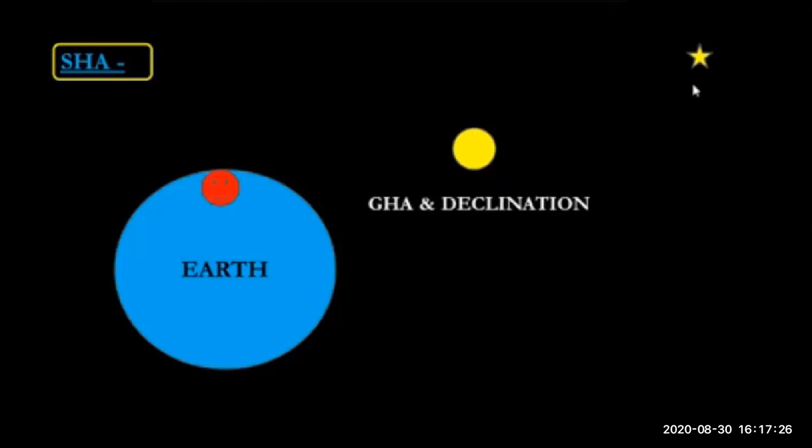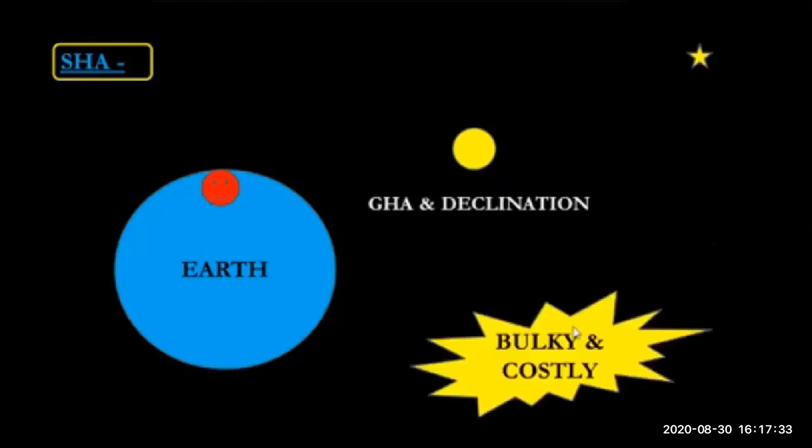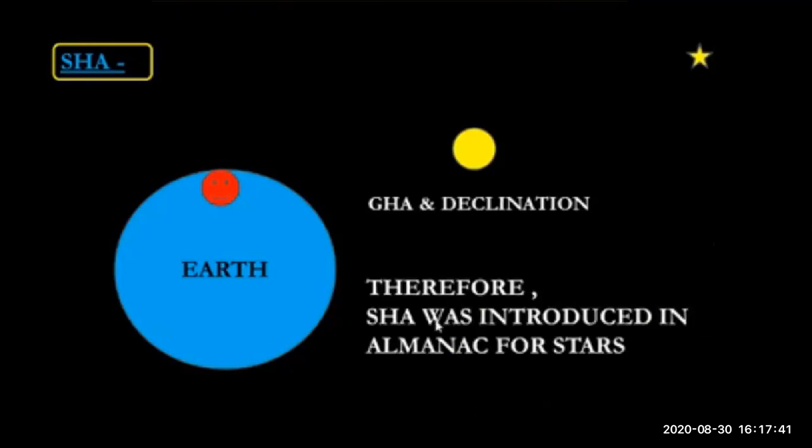And if we keep putting all the values of GHA and declination, that is latitude and longitude of stars, in the nautical almanac, it will become very bulky and costly. So to avoid the nautical almanac being bulky and costly, SHA was introduced in the nautical almanac for stars.